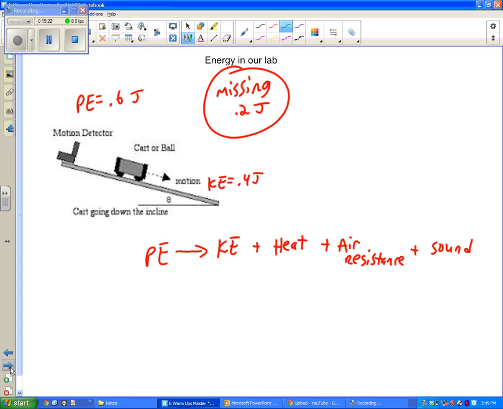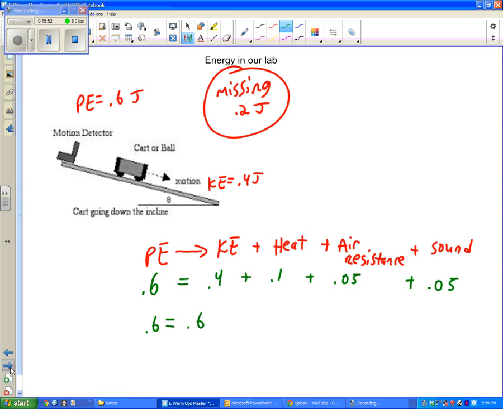So if we looked at these numbers, this might be 0.6. And I said this would have to be equal to 0.4, but it wasn't, right? The potential did not equal the kinetic. But if we add the heat, maybe it was 0.1, and we add the air resistance, maybe it was 0.05, and we add the sound, if we add all of those sources, it would equal the same.